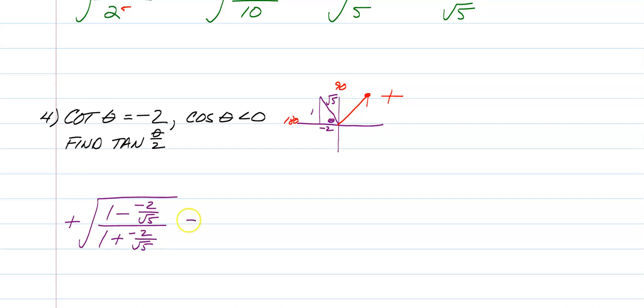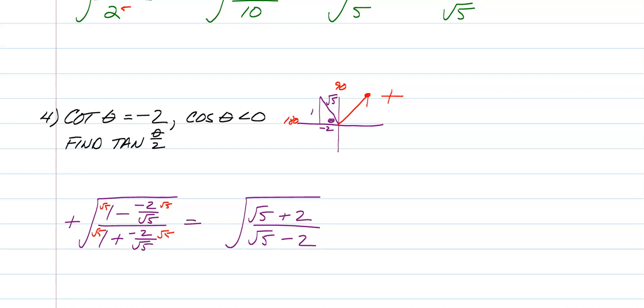And yes, to simplify this, you are going to multiply everything by the square root of 5 to get rid of your denominator on the inside like this. And that is going to give you the square root of root 5 plus 2 over root 5 minus 2. And there is absolutely nothing you can do here to simplify. So again, you are done with a big, nasty answer.